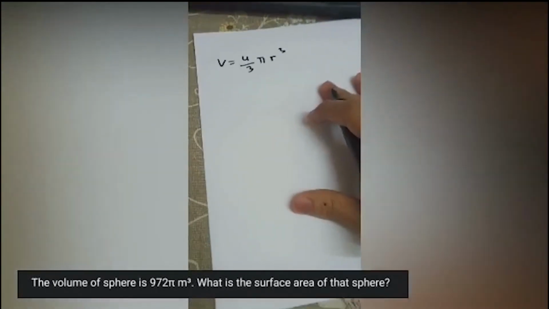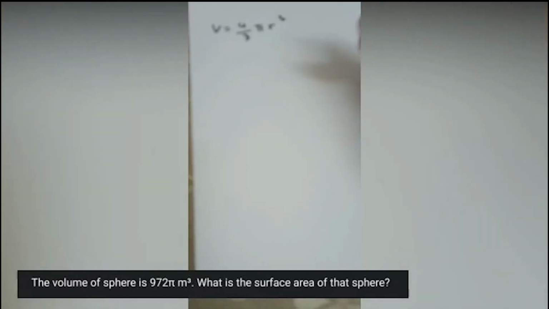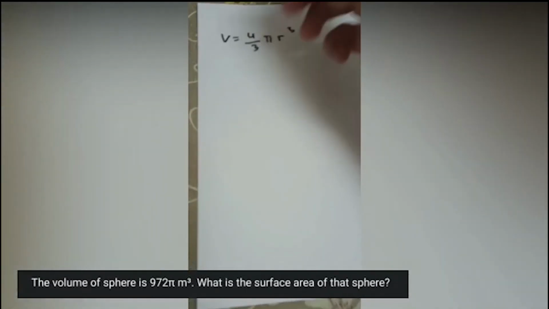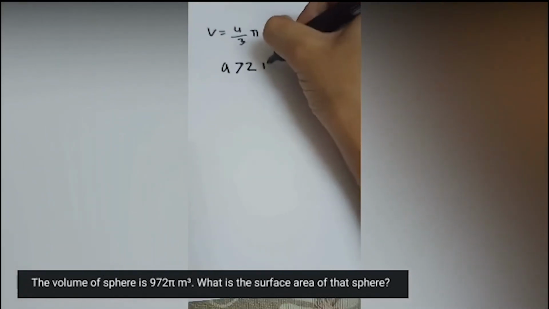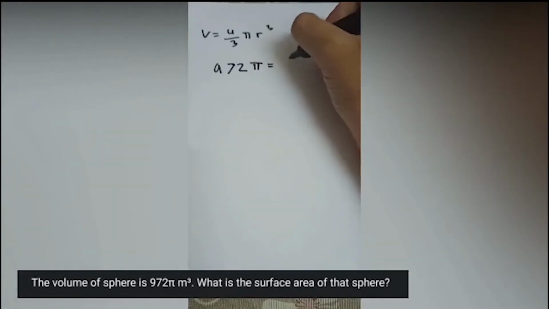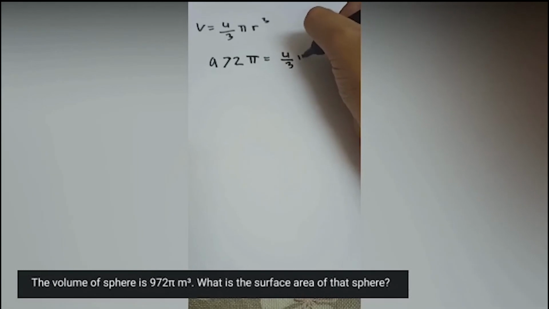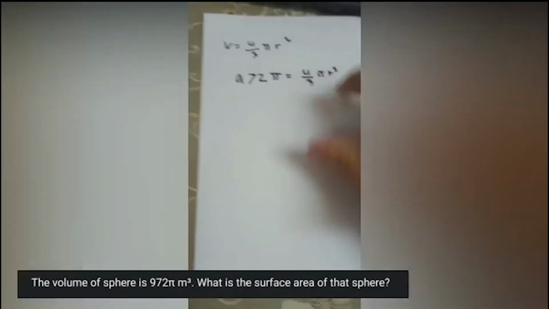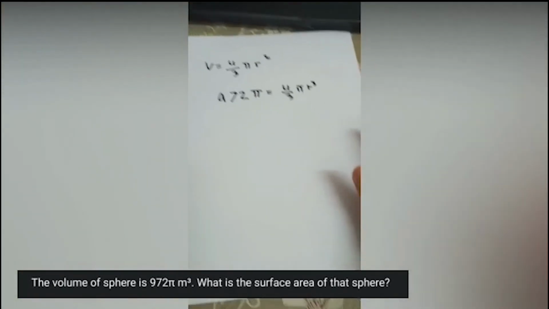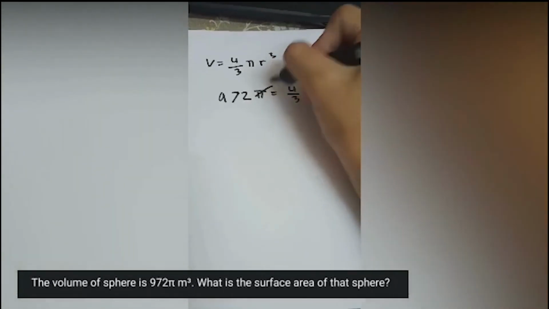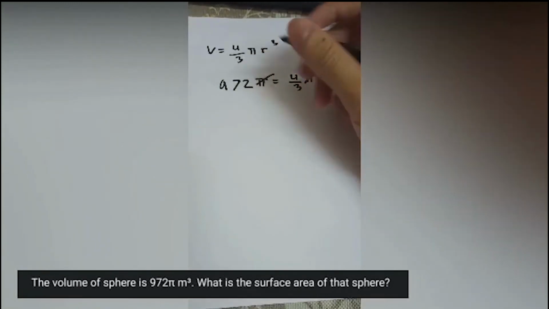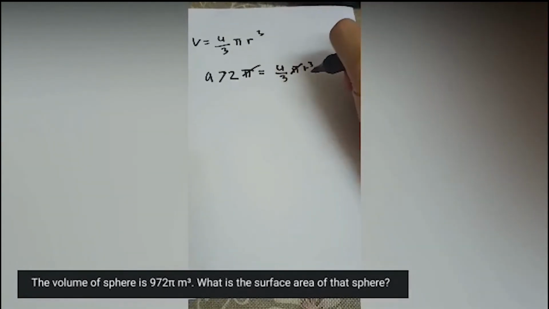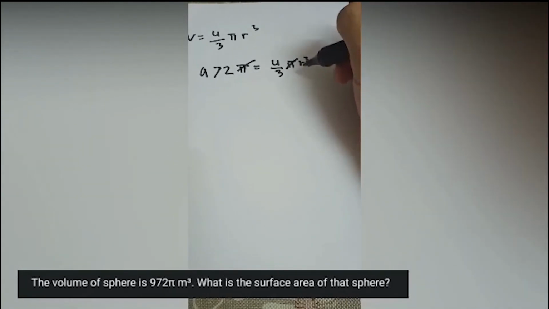So we're going to substitute what we got. The volume is 972 pi, equal to 4/3 pi r cube. We're going to simplify it, so pi we can cancel.